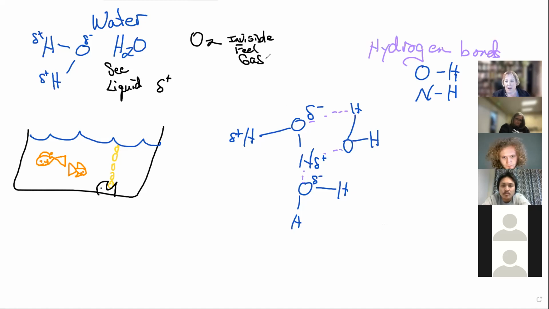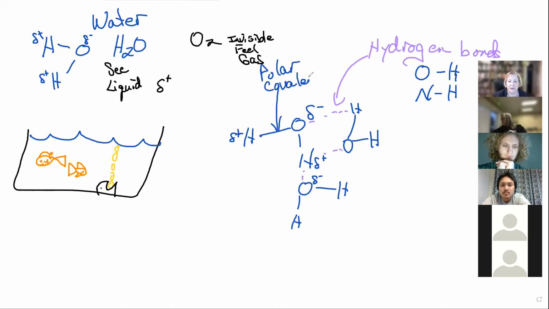So hydrogen bonds are these bonds between the slight positive and slight negative attraction between molecules, whereas the shared electrons between the oxygen and the hydrogen are a polar covalent bond, because they're actually sharing electrons.